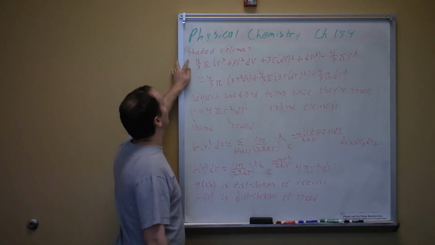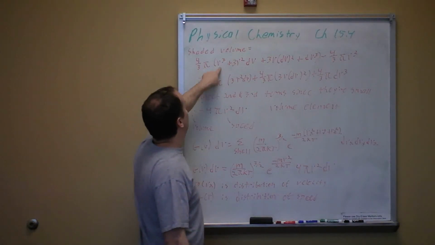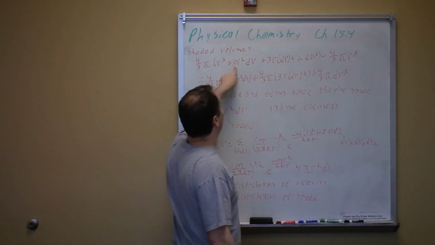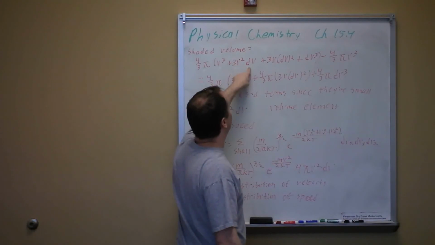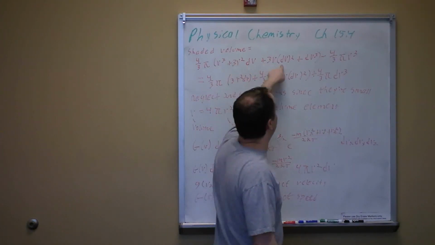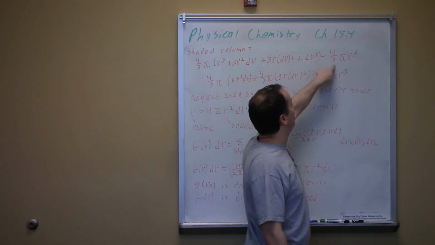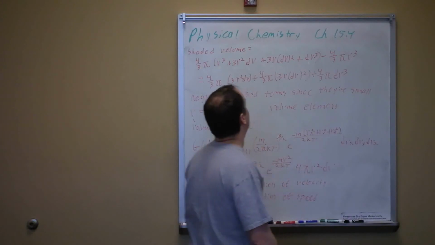Okay, so doing some arithmetic here, that shaded volume is equal to 4/3 pi times (v cubed plus 3 times the speed squared times the differential of speed, plus 3 times the speed times the differential of speed squared, plus the differential of speed cubed), minus 4/3 pi times the speed cubed.